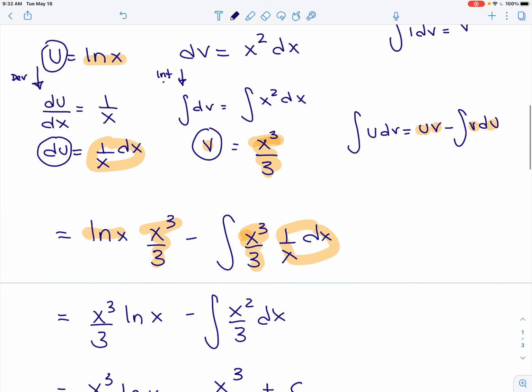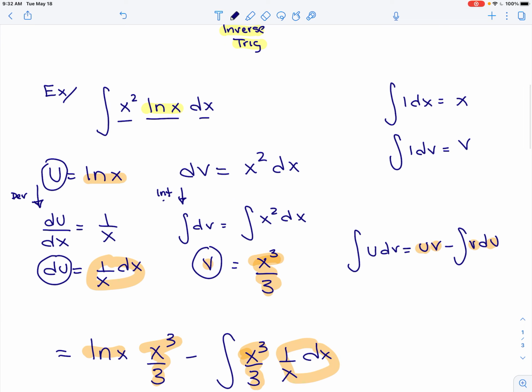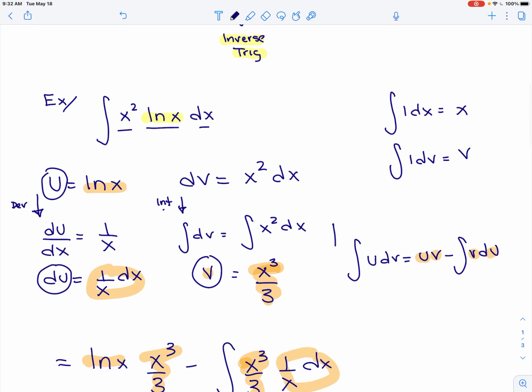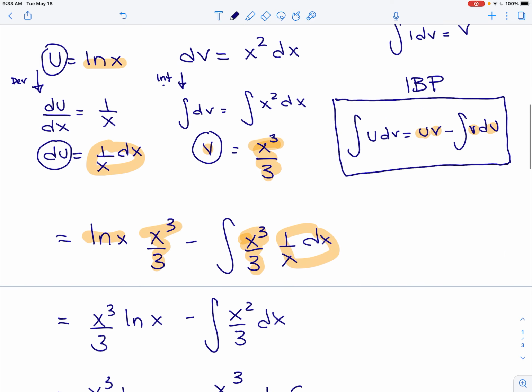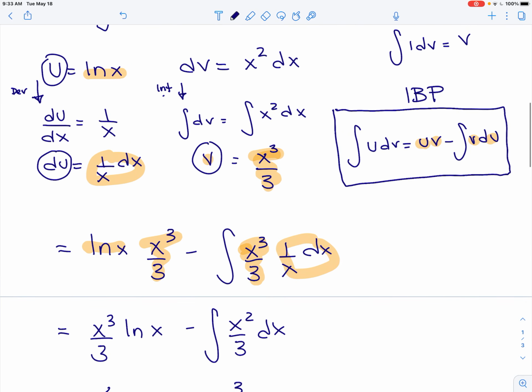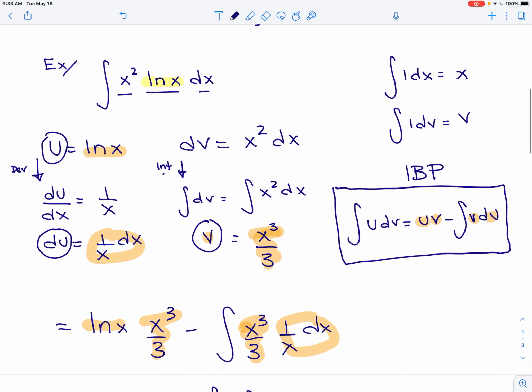So that is the answer to that question, and I did that by using this rule called integration by parts. In the next example, I'll show you how to organize this a bit.